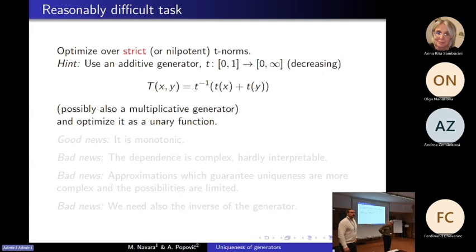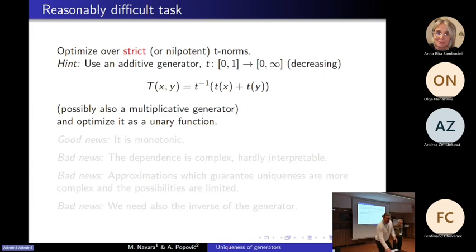And maybe what could be interesting for you, maybe you know, each continuous T-norm can be approximated by either a strict or a nilpotent one, whichever you choose, with arbitrary precision chosen in advance. So maybe such ideas could help you in your further research.